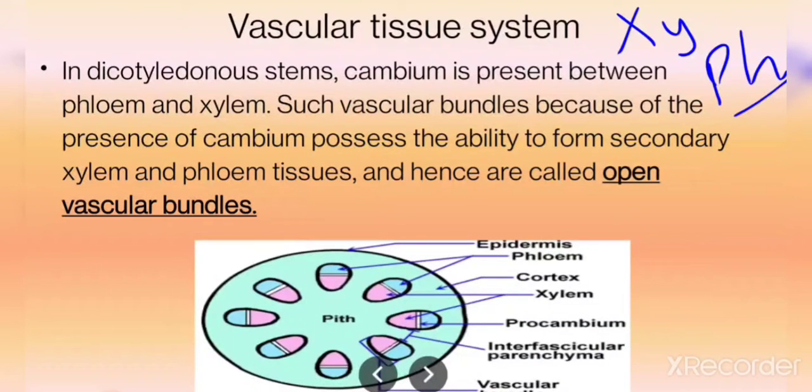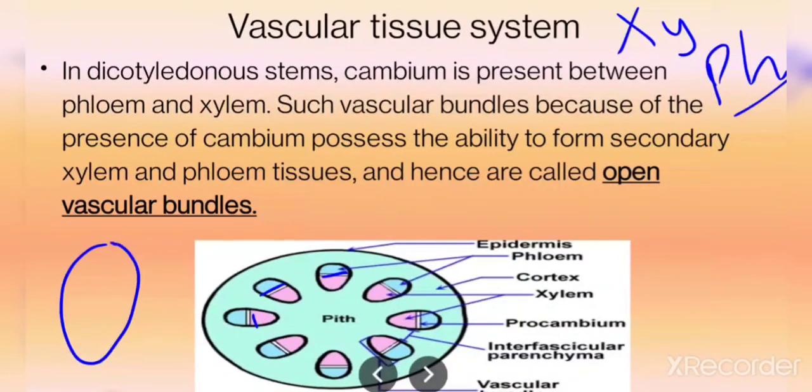There can be three important types of vascular bundles. Depending on the presence or absence of cambium, we can have two types of them: the open and the closed vascular bundles. In the open vascular bundles, as you can see in the picture given below, there is a specialized tissue, cambium, present in between xylem and phloem.